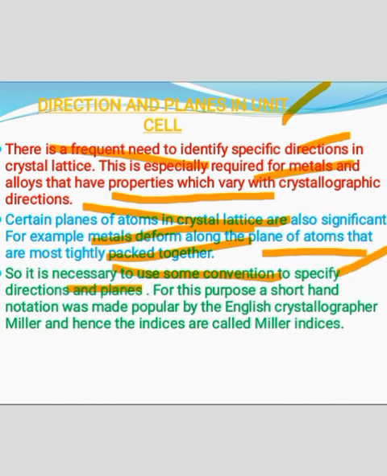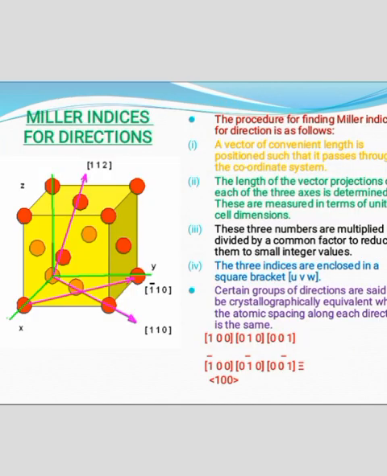Because direction is very important for the properties of a material, we want to show the directions, we want to draw or show them. So a notation was made popular by the English crystallographer Miller, and hence the indices are called Miller indices. Here you see the Miller indices.